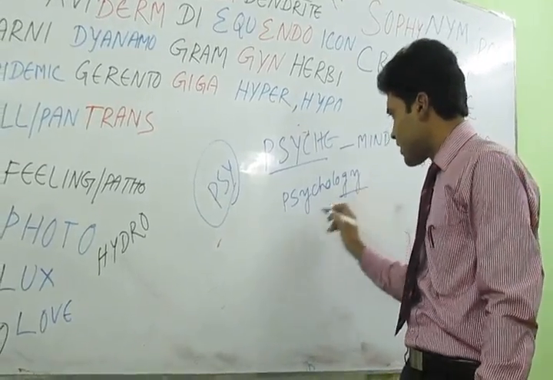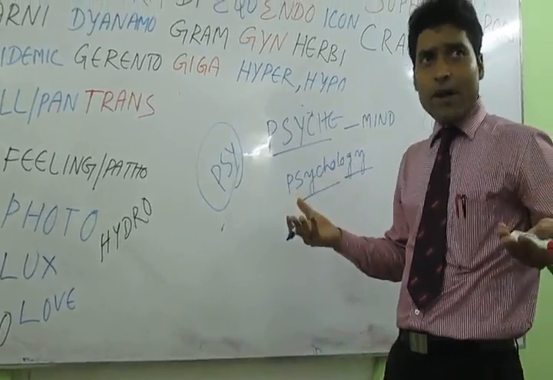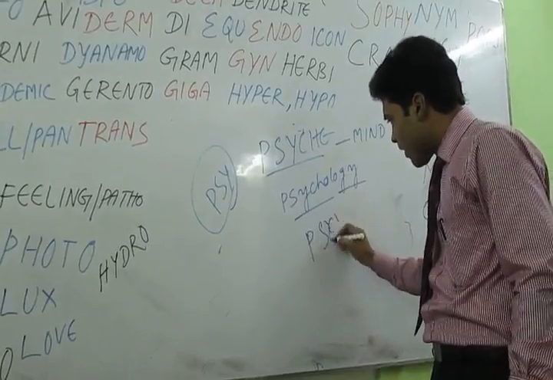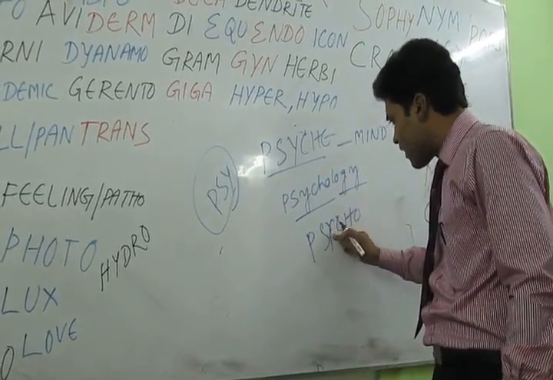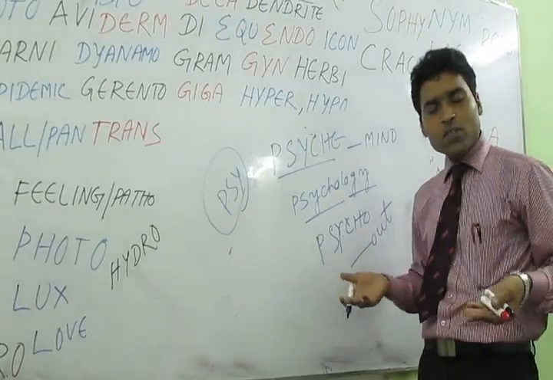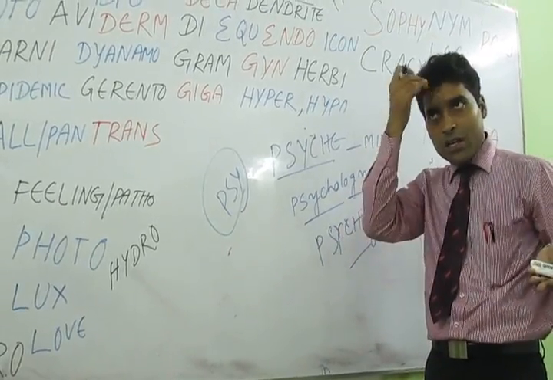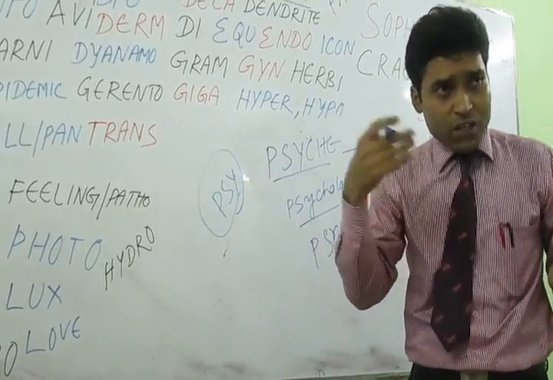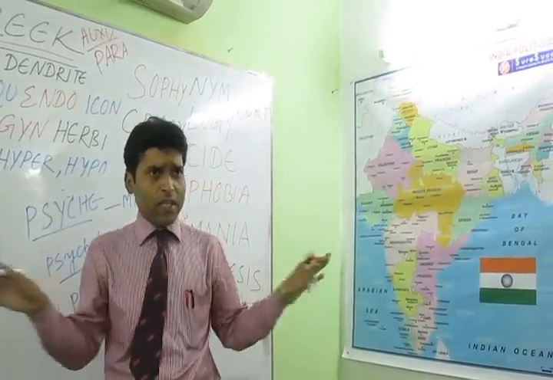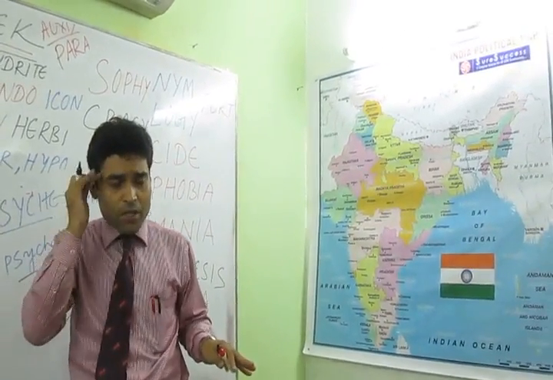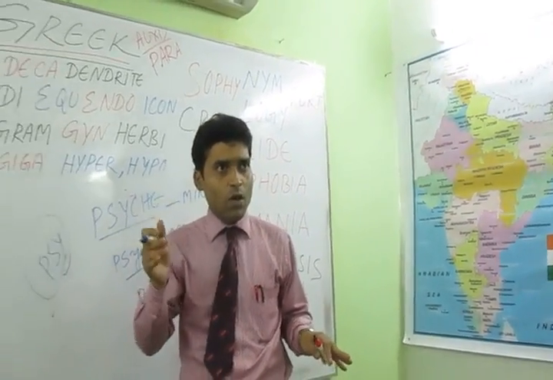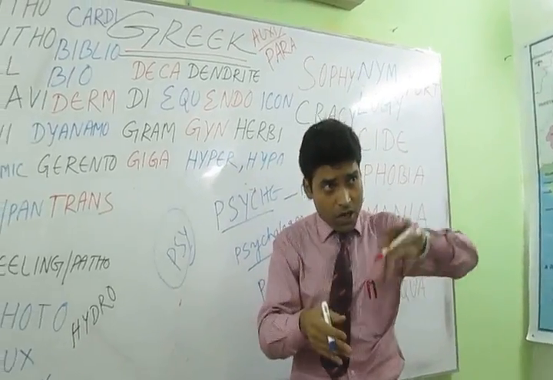Anyway, if I say psycho, P-S-Y-C-H-O, then it is out of mind. Some persons do not have reasoning power, logical power. That means what is wrong, what is right, what is good, what is bad, what is left, what is right. So in this connection, psycho means a person having no sense, no judging capacity. And psychology means study of mind.